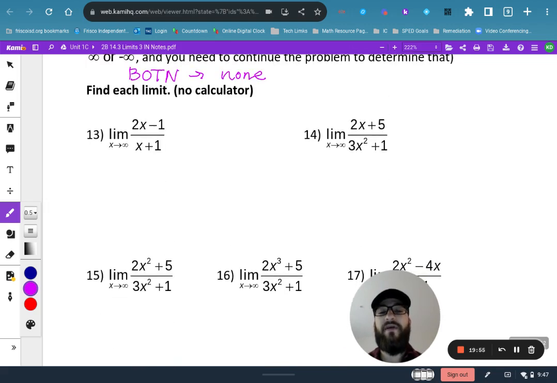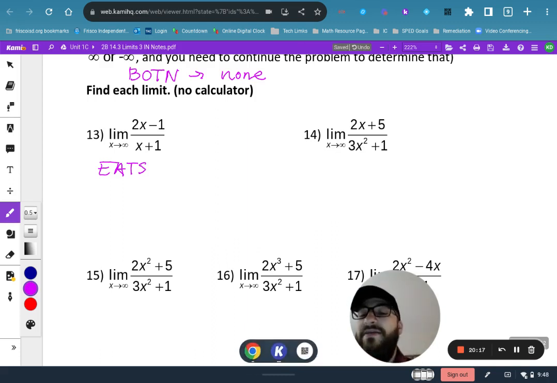So we have 13, we have the limit as x approaches infinity of 2x minus 1 over x plus 1. We're comparing those x's, so x over x is going to be an EATS situation. So that means we divide the coefficients, in this case, for our horizontal asymptote.